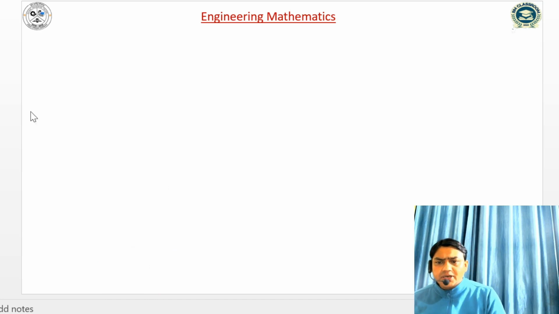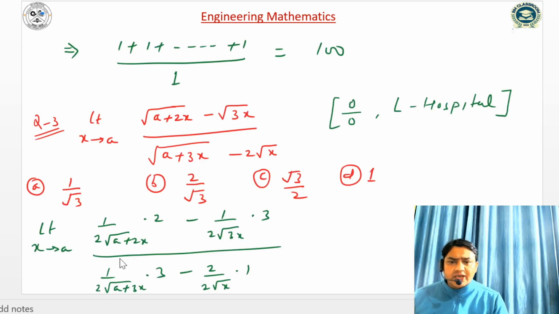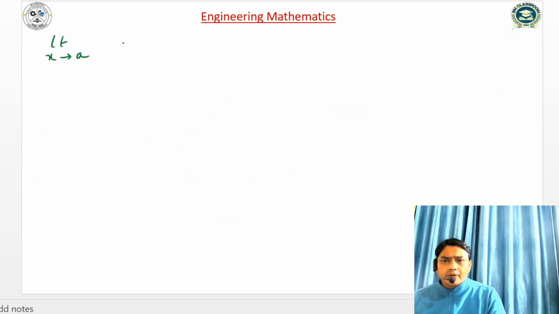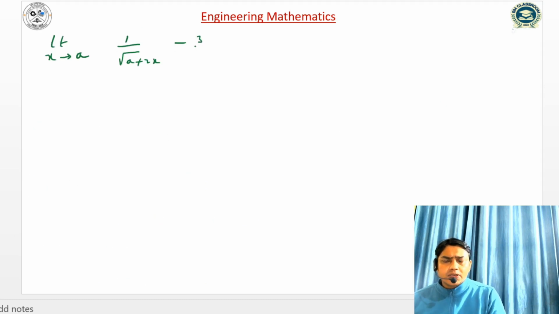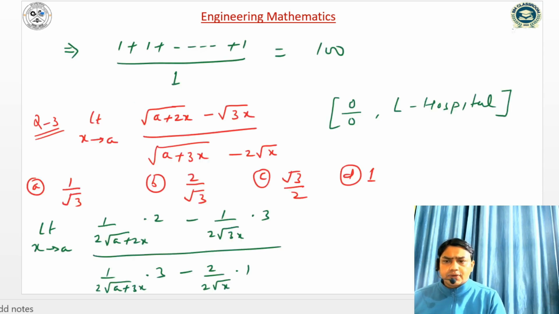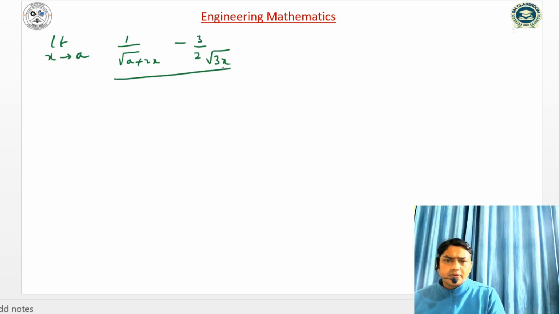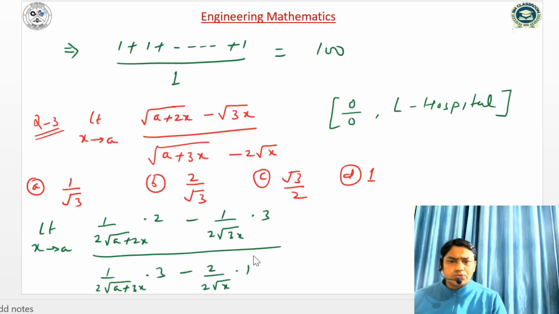So we can write limit x tends to a, 2 cancels, so we can write 1 by square root of a plus 2x minus 3 by 2 square root of 3x, divided by 3 by 2 square root of a plus 3x minus 1 by square root of x, because 2 cancels.